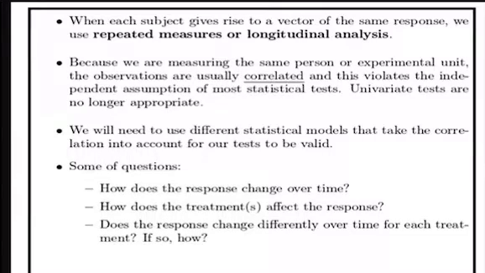So what do you want to do here? You basically want to compare the blood pressure at different times. You want to see whether blood pressure changes from time to time. That is number one, which means you are testing the effect of factor A. And that is what you see on the board. How does the response change over time?